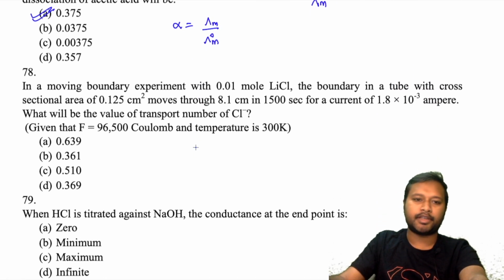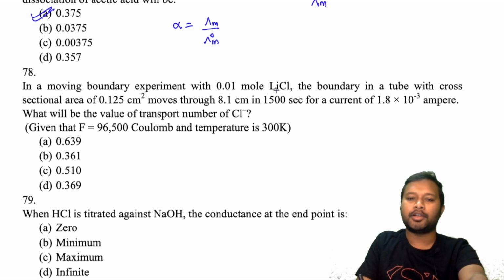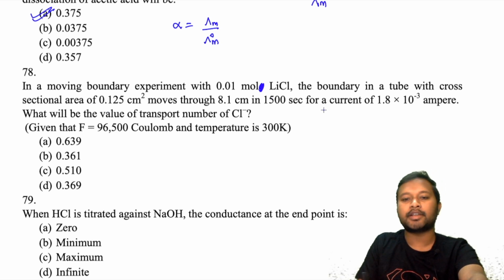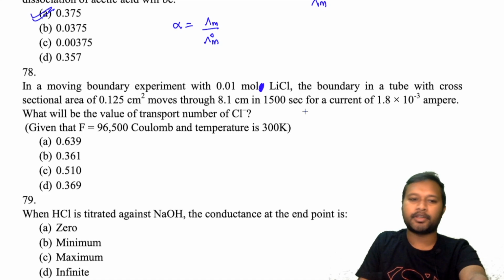Okay, the next one says that in a moving boundary experiment with 0.01 mole lithium chloride, the boundary in a tube with cross-section area this much moves through 8.1 centimeter in 1500 seconds for the current of this much ampere. What will be the value of transport number? Now here the formula for transport number will be used.